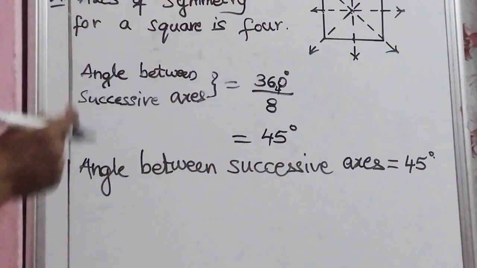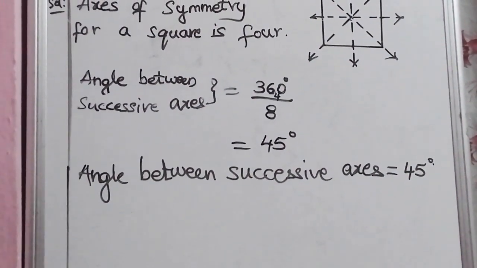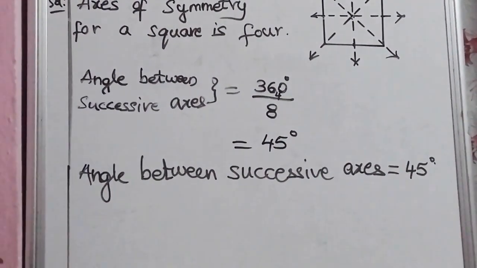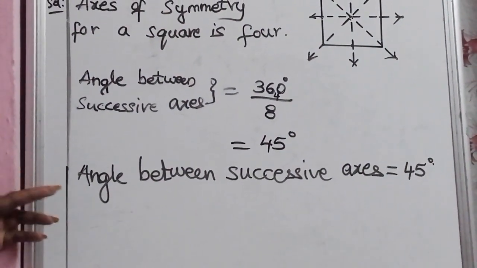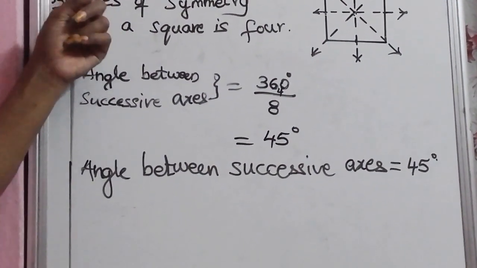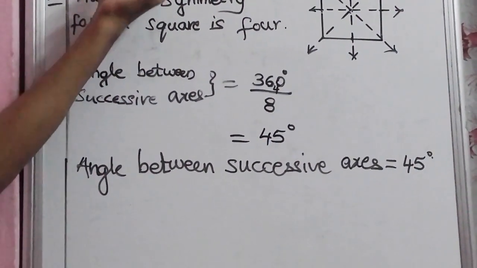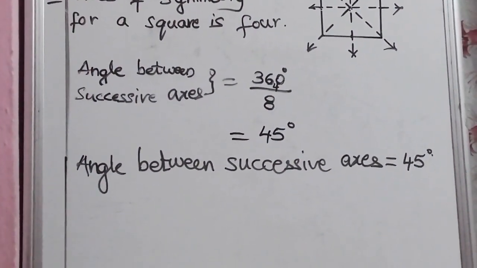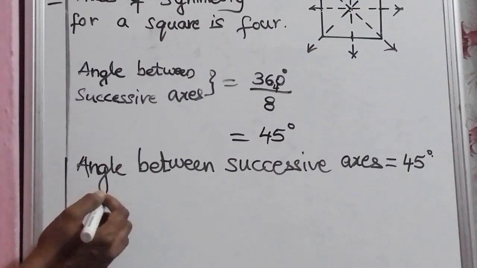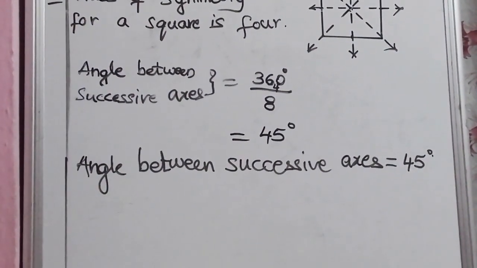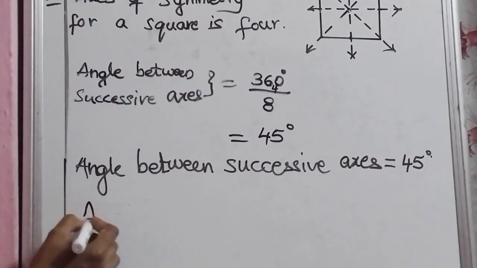What is the meaning of regular polygons? Yesterday's class we have discussed. Very good. When all the sides and all the angles are equal, it is a regular polygon. Will the same rule apply? Yes, it applies. So, there is a formula for this.